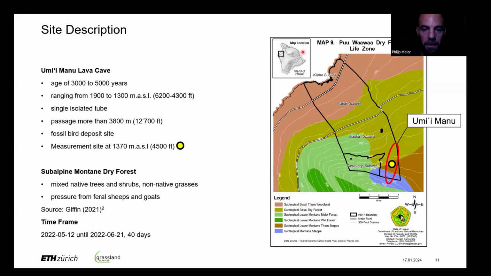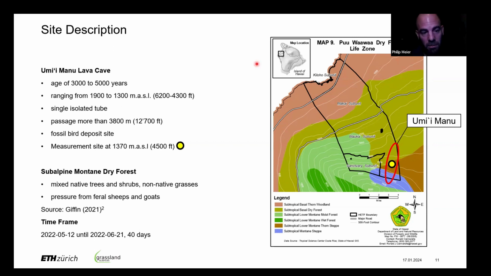And here you see the map of the Big Island of Hawaii. There is the Umi'i Manu lava cave, which is dated to an age of about 3 to 5,000 years, and is ranging from 1,900 down to 1,300 meters above sea level.